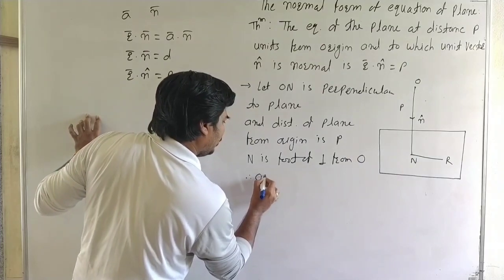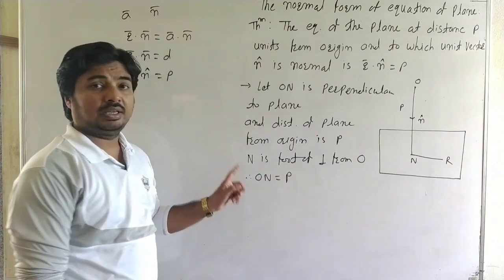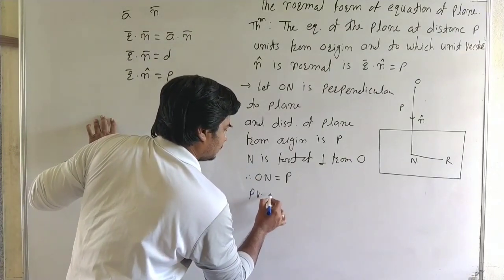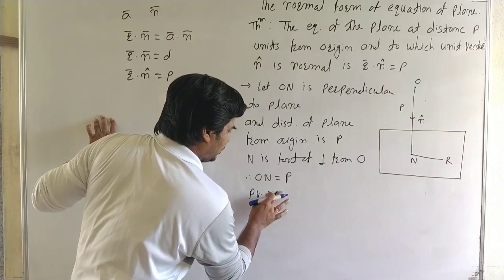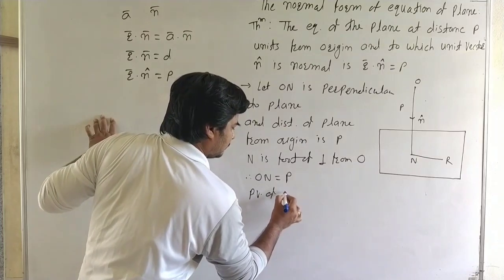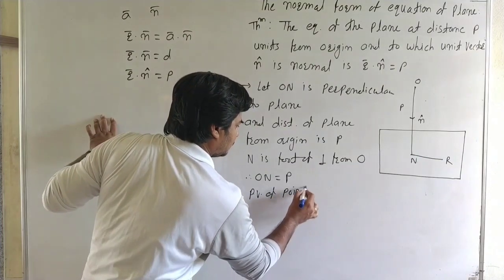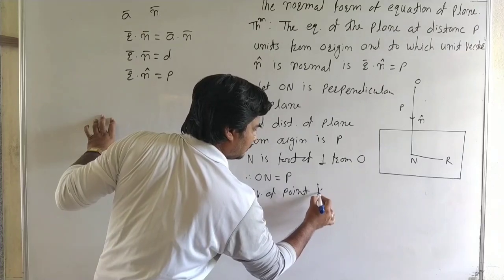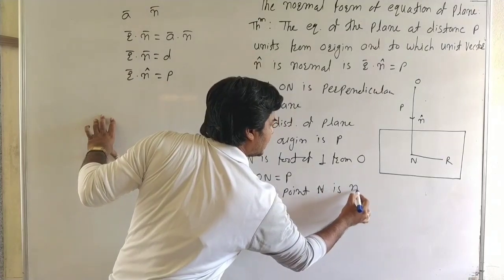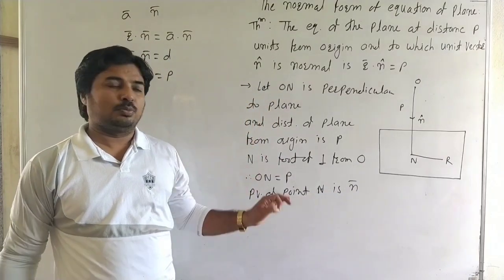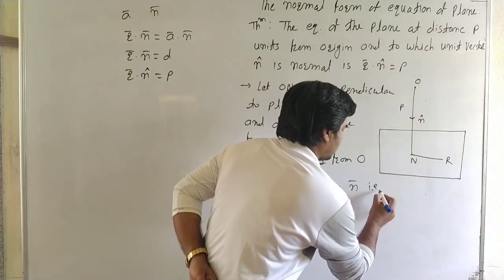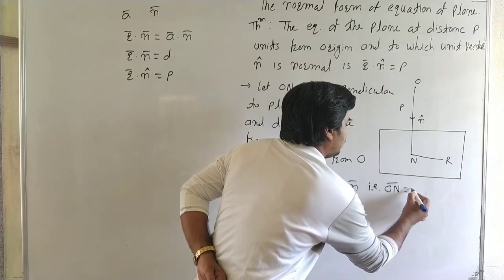Therefore length ON is equal to p, and the position vector of point N is N bar. N bar is the position vector of point N, that is ON is equal to N bar.